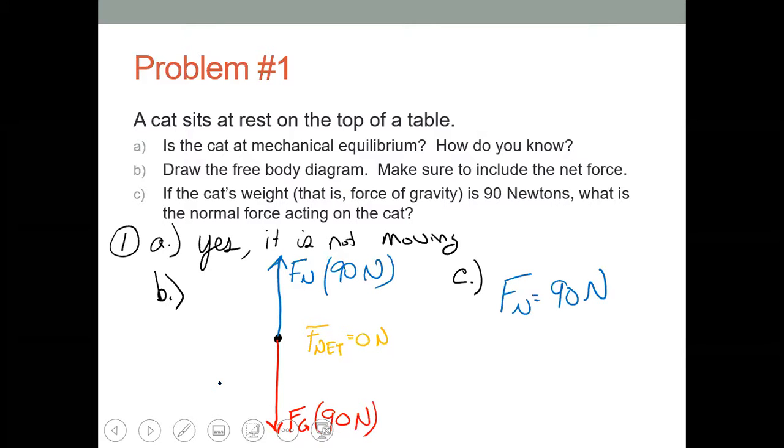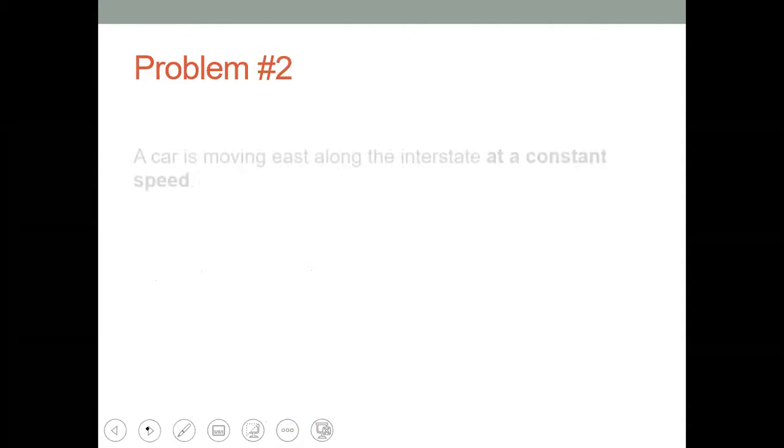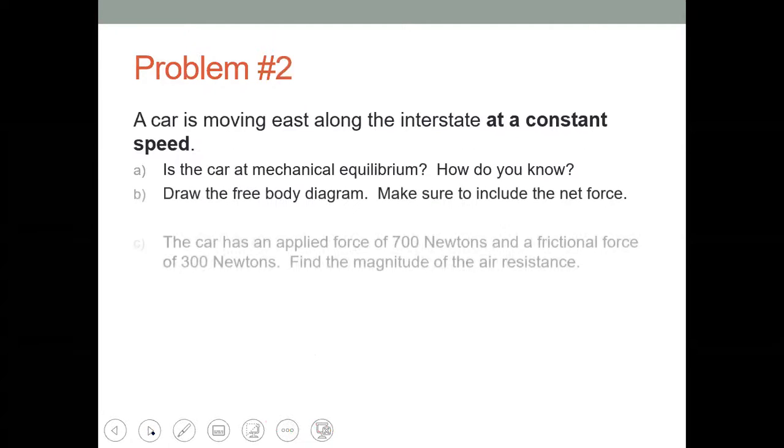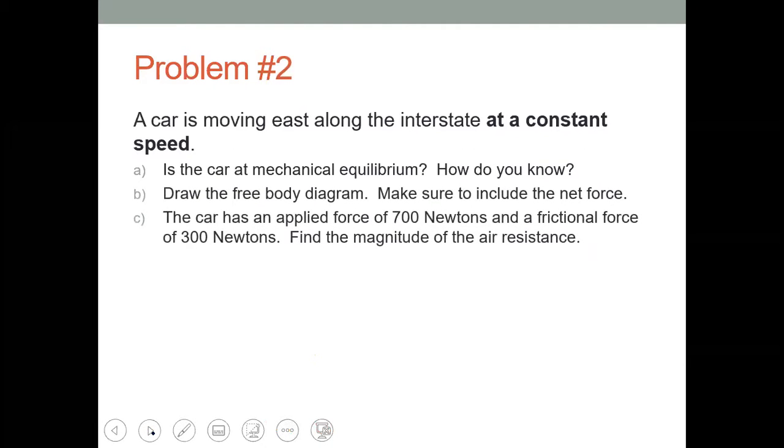All right, let's go on to a different one. So this one's about a car moving at a constant speed. Is a car moving at a constant speed at equilibrium? What do you think? This time, give me an answer as to yes or no and why.